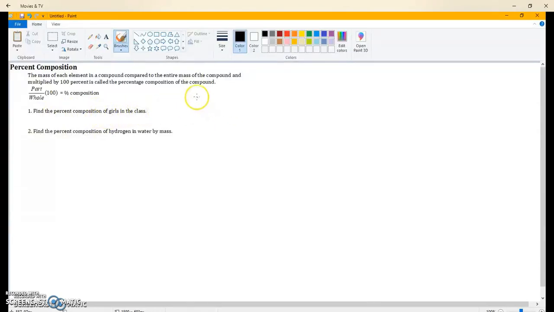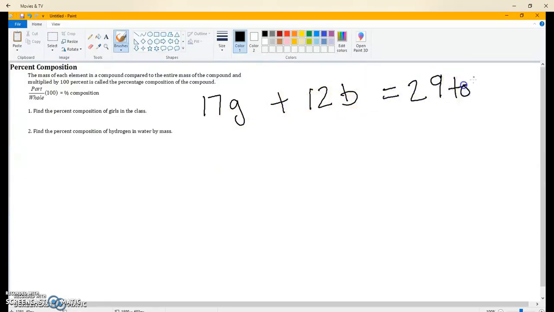Well, let's say that I have 17 girls and, I don't know, 12 boys. I think that's my ratio, but I could be wrong. So 17 girls plus 12 boys is equal to 29 total students, correct?